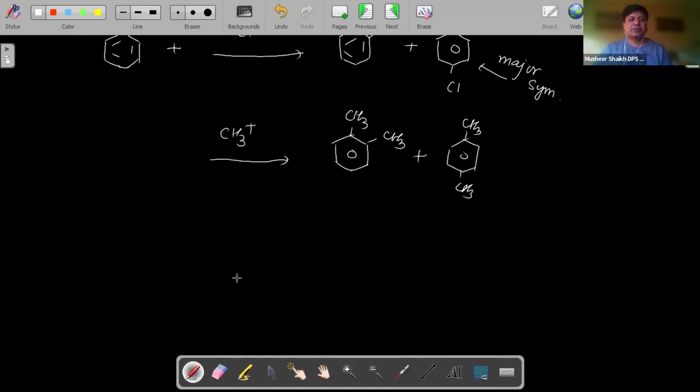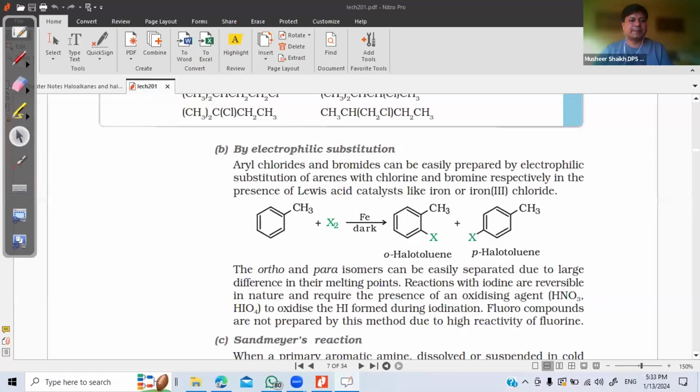Or you can have the acyl group, CH3CO plus. Okay, so this is how we get the reaction with benzene.